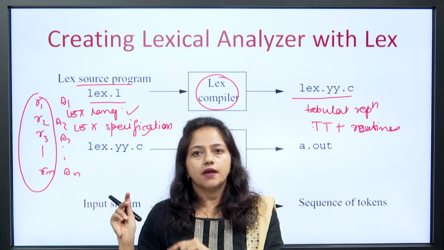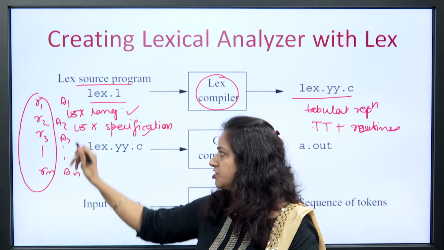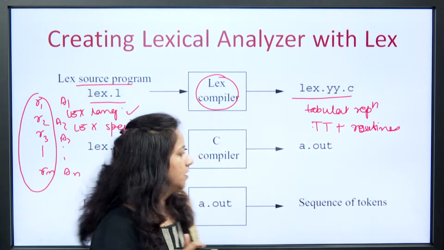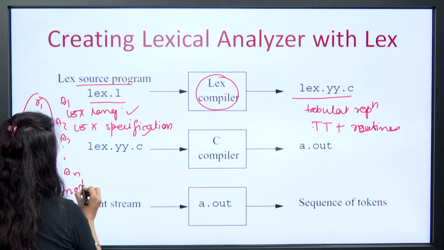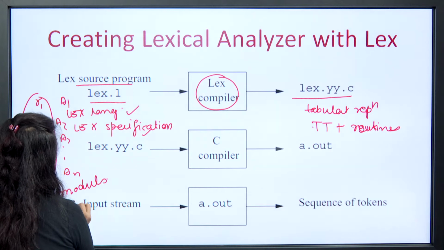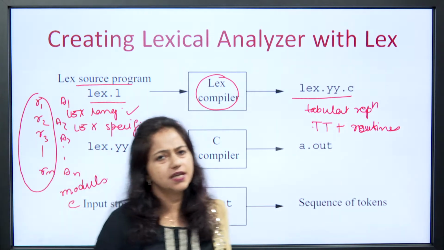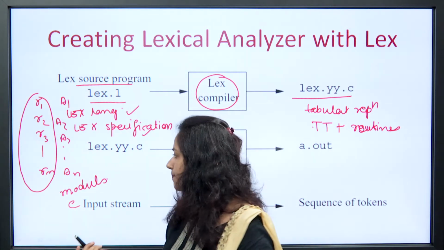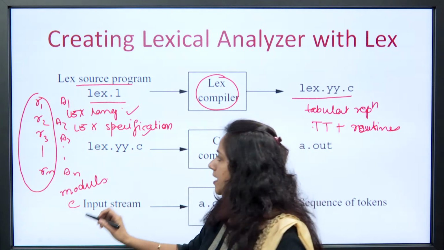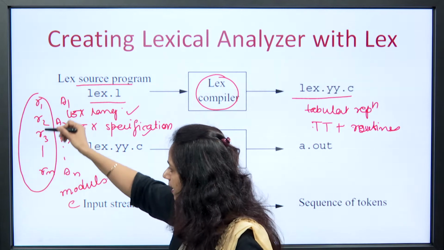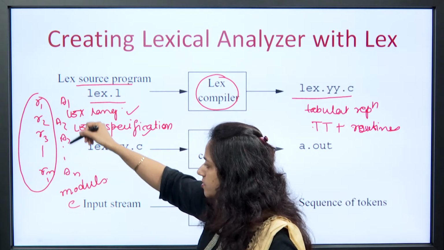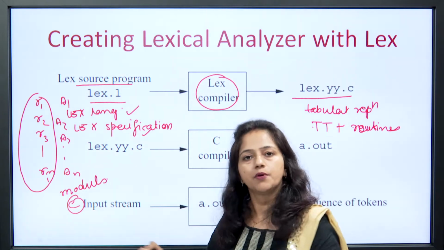The actions or routines are actually programs, or modules, written in any high level programming language. Suppose we take the C programming language. So, here we have regular expressions, and the actions can be written in C.